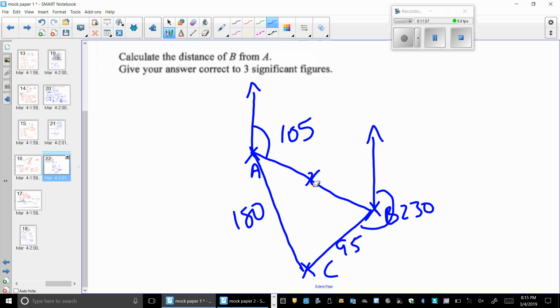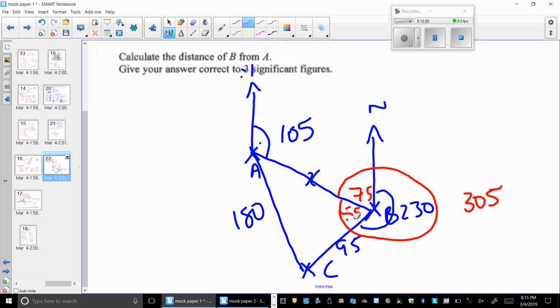At the moment we've got these outside angles. Knowing that these are both parallel means that this one and this one add up to 180, which means that this one here has to be 75. And we also know that the whole thing has to add up to 360. So 230 plus 75 is 305, which means this little bit here is 55.